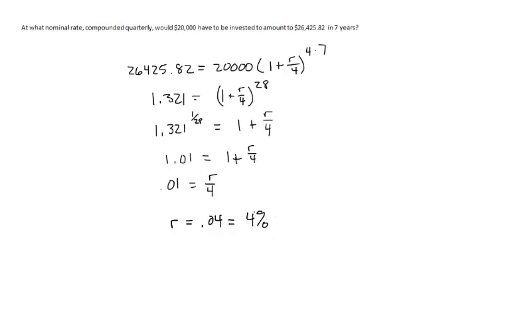So the nominal rate is 4%. If we compound quarterly and we invested $20,000 for 7 years, we would have $26,425.82.